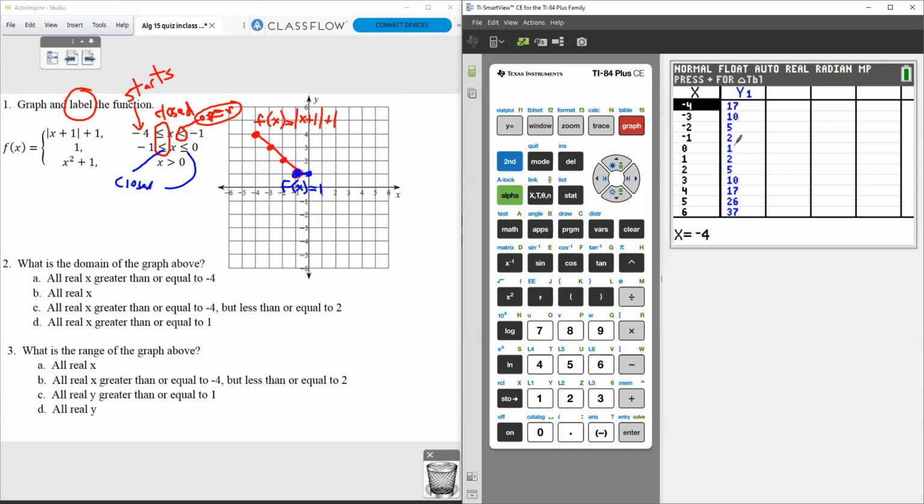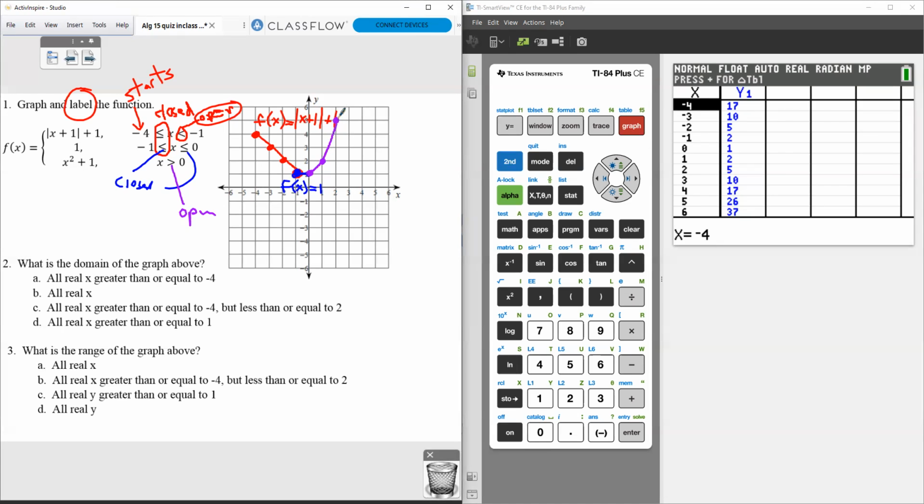Now be careful. This right here says that it's going to be an open dot, the greater than symbol. So at 0, it is 1. That's an open dot, but that closed dot trumps it. And then at 1, it's 2. And then at 2, it's 5. And then I end.